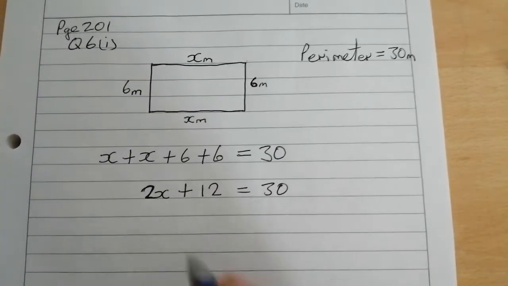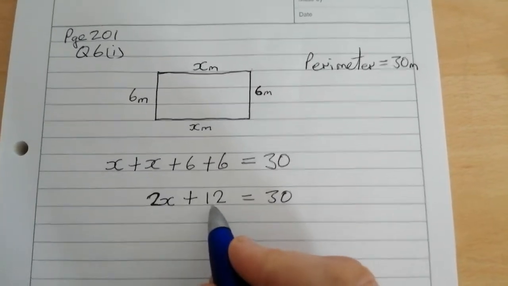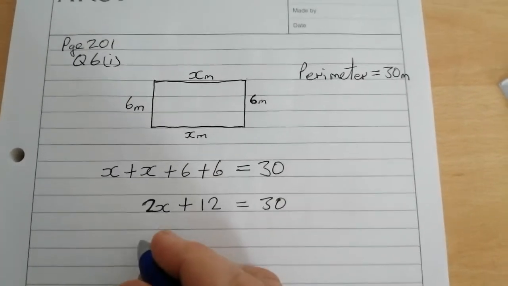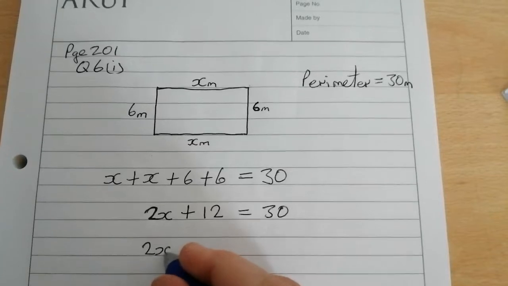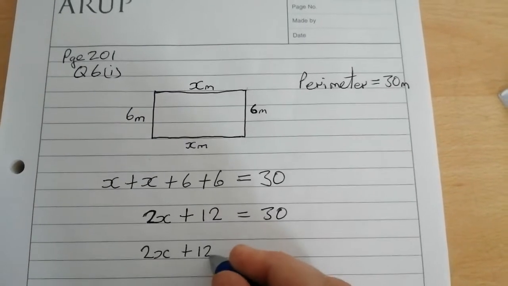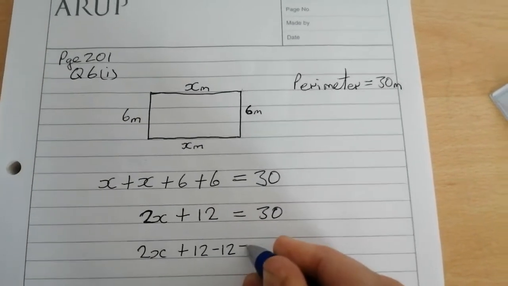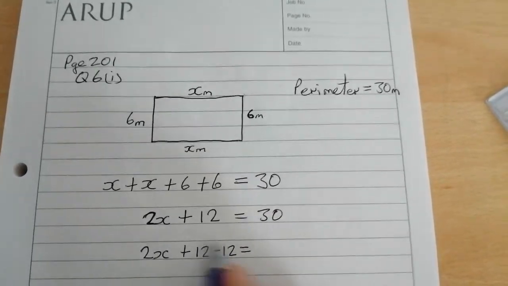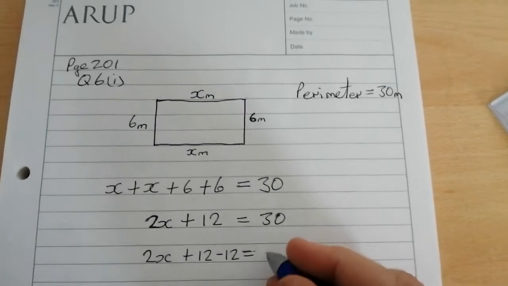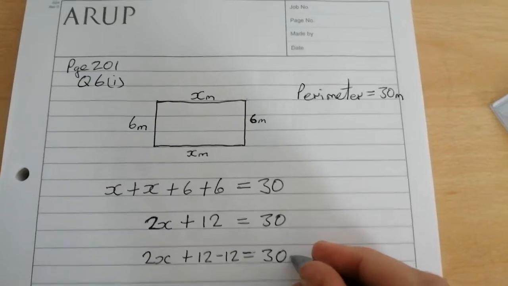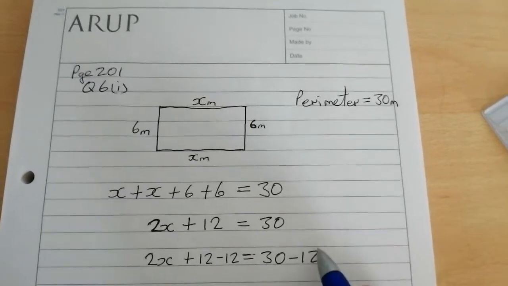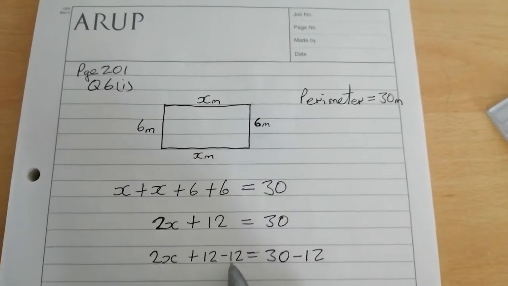So if we remember how to do that, we want to get rid of this plus 12 by introducing a minus 12. So what I have here is 2x plus 12. I'm going to put in a minus 12, but if I put a minus 12 in on the left-hand side of the equal sign, I must put a minus 12 in on the right-hand side of the equal sign as well. So I've put this in here because I put this in here.